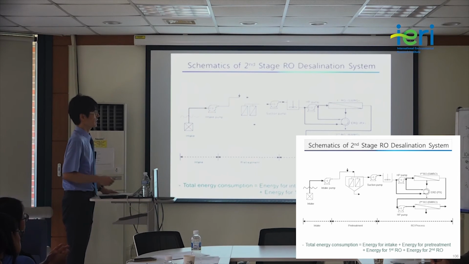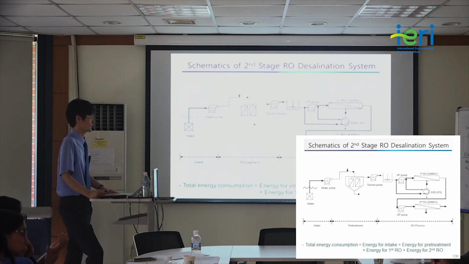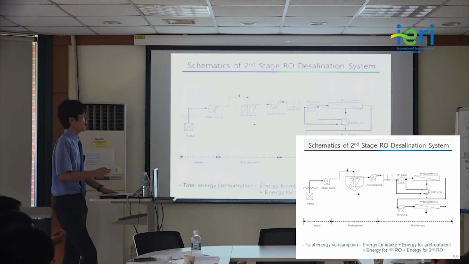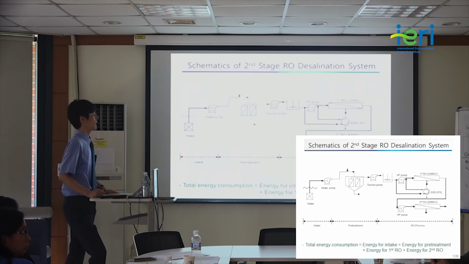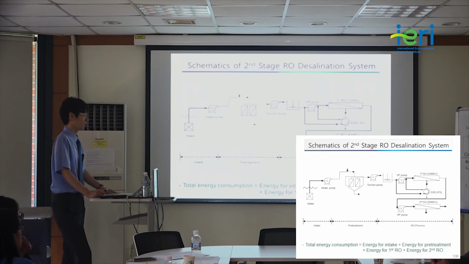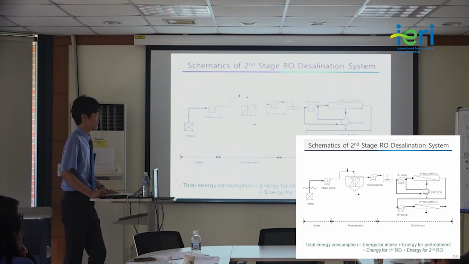And this energy recovery device, such as a pressure exchanger, is attached. And for second pass reverse osmosis, the water reverse osmosis membrane was attached at the end of this system.